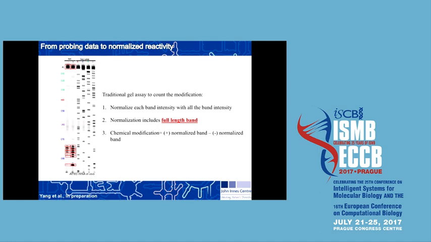Two things are important here. First, you can see the full length band, which is essential for how to normalize each band, because the full length becomes a big part of your denominator. So the full length band is very important. Second is how much more specific the plus lane is compared to the minus lane. The normalization is very essential to know whether it's a true signal or actually noise.